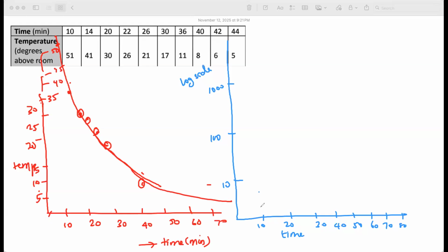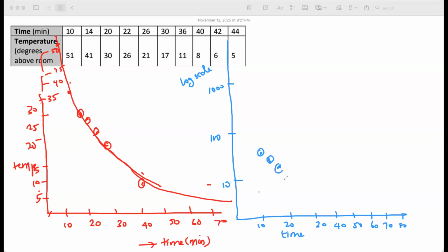So let's see. How about this? 10 is a 51. 14 is a 41. And then 20 is a 30.